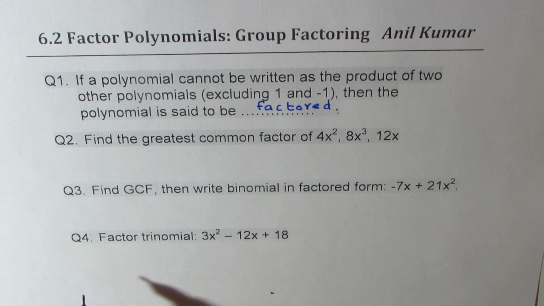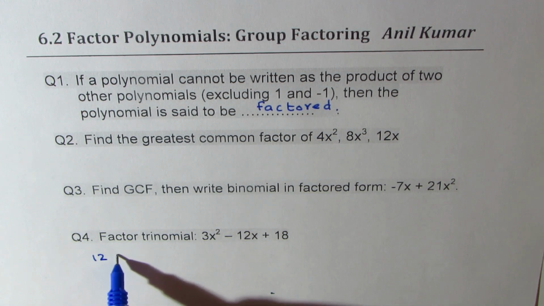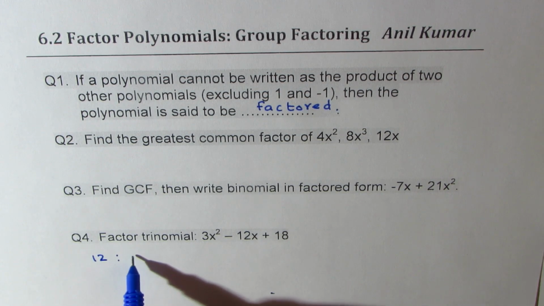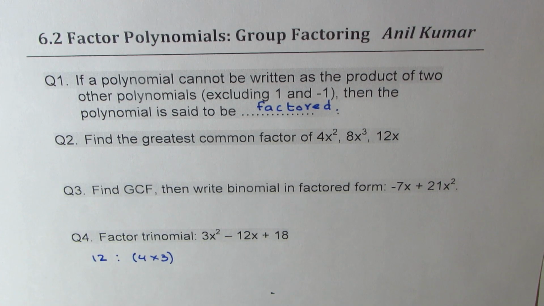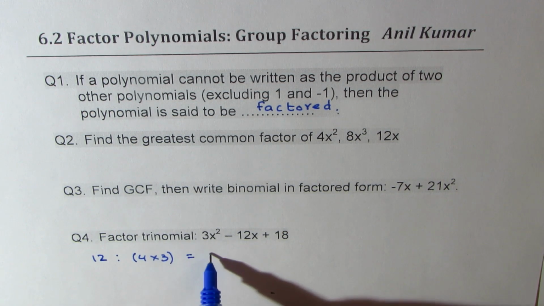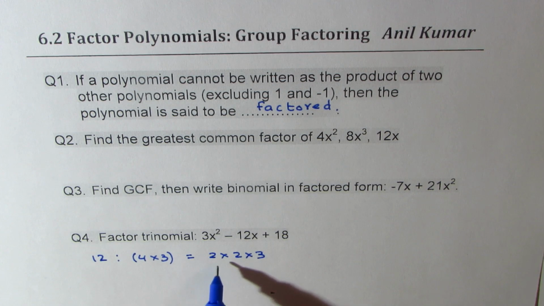Well, we have learned that if I have to factor, let's say 12, I could write 12 as 4 times 3, so it is factored. But 4 can be further factored, correct? So this could be also written as 2 times 2 times 3. Now once you write like this, then we have kind of prime factors. It cannot be further factored. That's what we're trying to say.